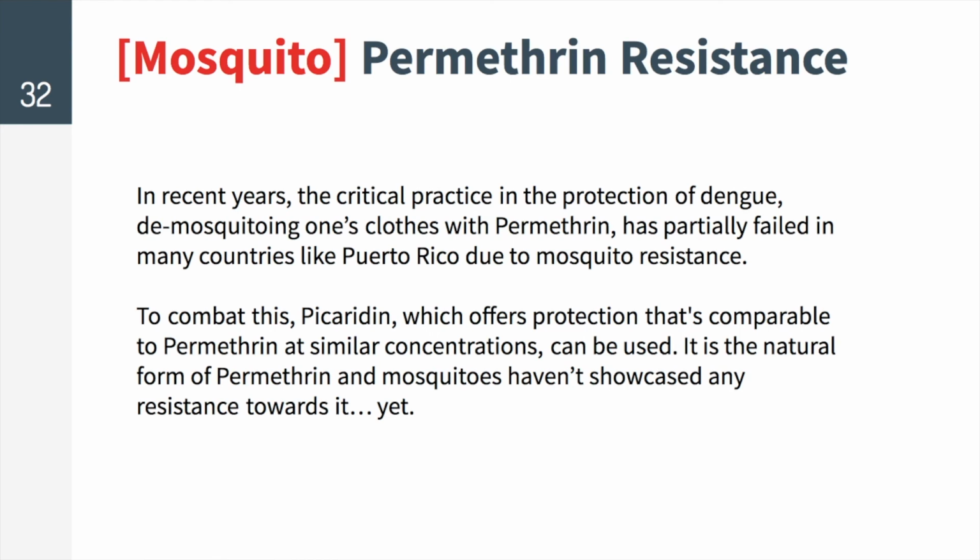To combat this, picaridin, which is the natural version of permethrin, is used at similar concentrations. And mosquitoes haven't shown any resistance toward it, again, yet. We don't know if they'll show resistance in the future, but this is a largely successful way of combating permethrin resistance with picaridin.